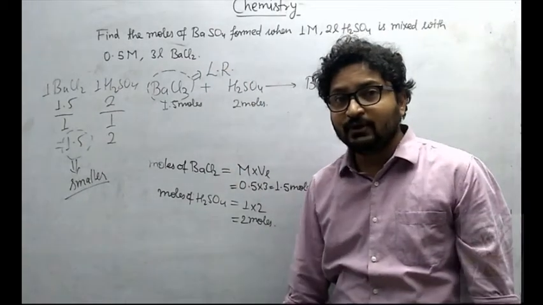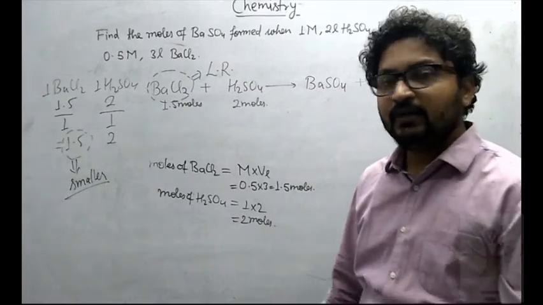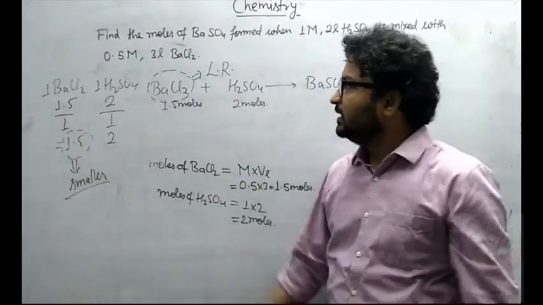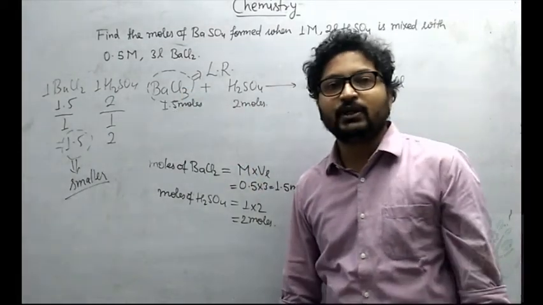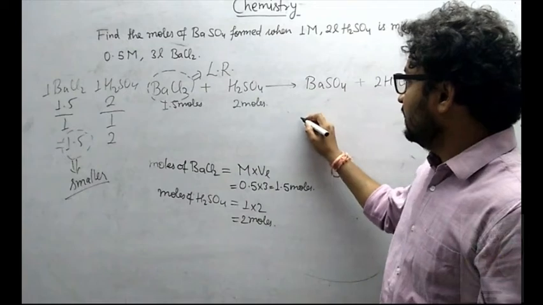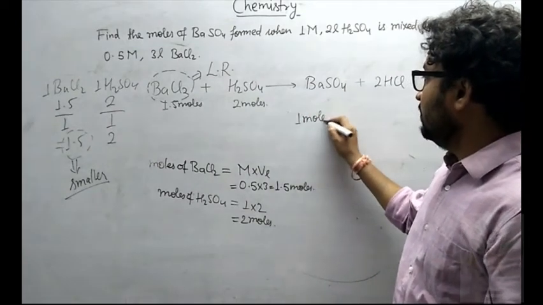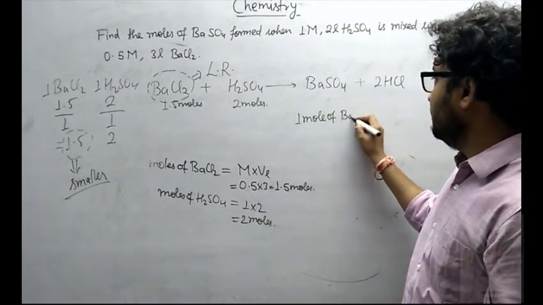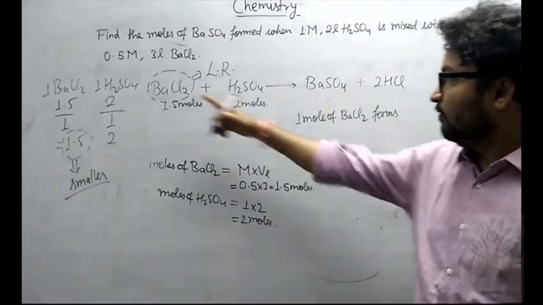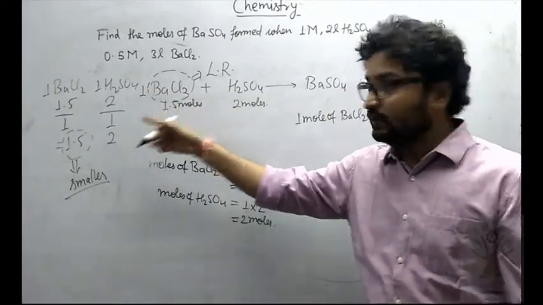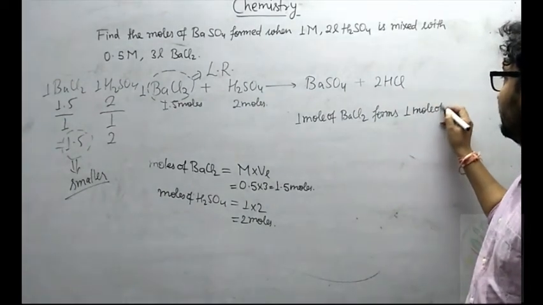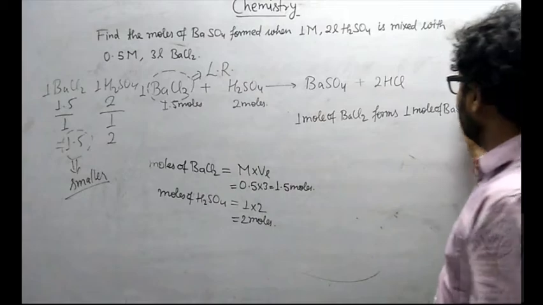Now who will decide what amount of product will be formed? BaCl2 or H2SO4? Always the limiting reagent, so it is BaCl2 that will decide the amount of product formed. Now I hope you can see that 1 mole of BaCl2 forms how many moles of BaSO4? 1 mole of BaSO4.